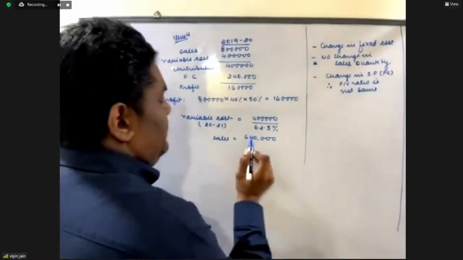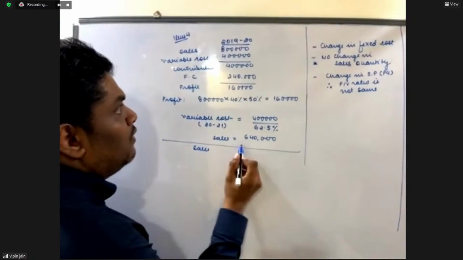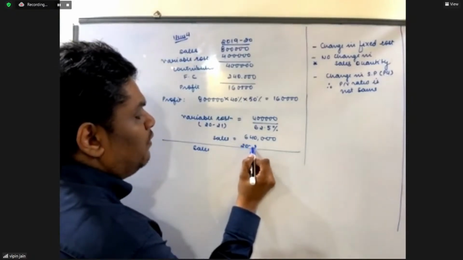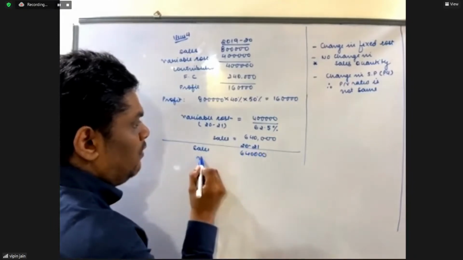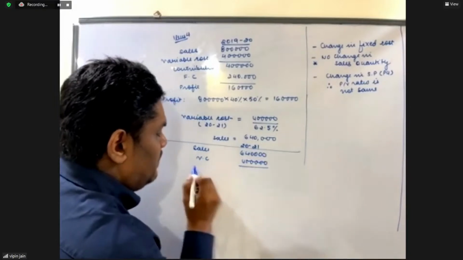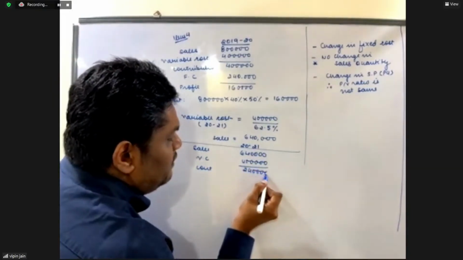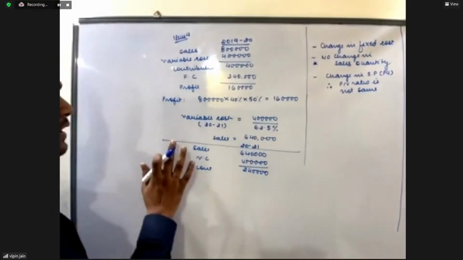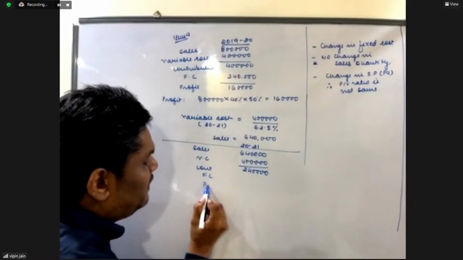I have calculated. I'll prepare the statement also. So herein for 2021, my sales is 6 lakh 40,000. My variable cost is same, that is 4 lakh. My contribution will be 2 lakh 40,000. When talking about the profit part, contribution minus fixed cost is what we call as profit.